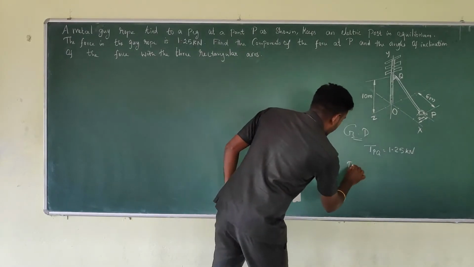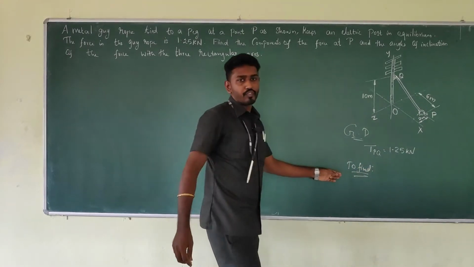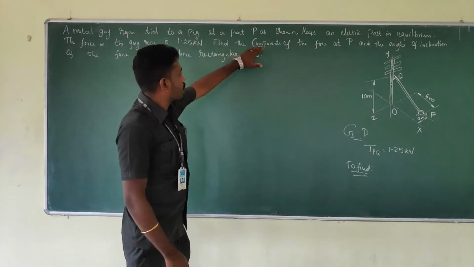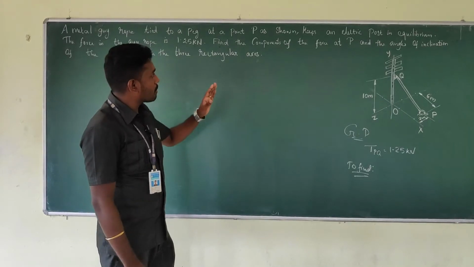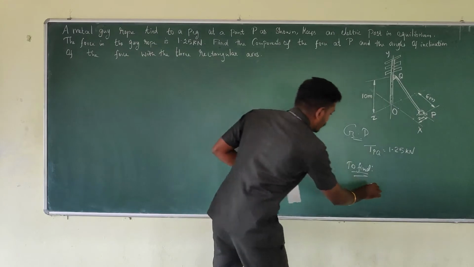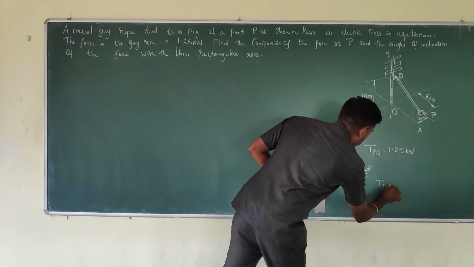Fine. To find, in the last line it is mentioned, find the components of the force at P. The force acting is the tension force in PQ, am I right?